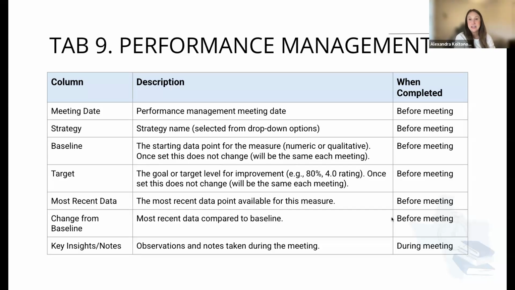So maybe you recently did a survey and you received new updated data on how much time per week teachers are able to spend on planning, and it was at 2.4 hours on average. So you would add 2.4 hours. The change from baseline would be an increase by 0.4.